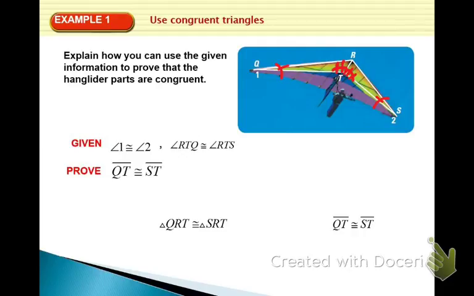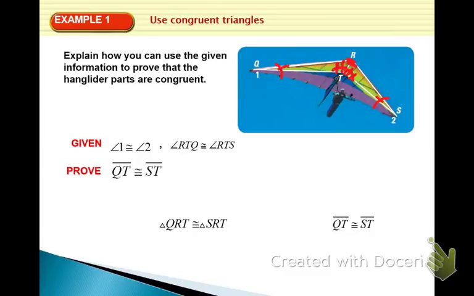Anytime I have 2 triangles that are connected by a line, I mark that line congruent to itself, right? That's what I'm going to do in this case. So we're going to say that RT is congruent to itself.